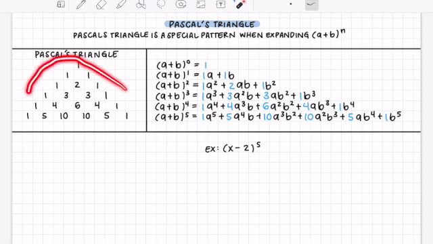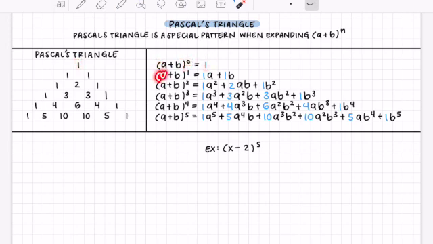Now, the reason why we want to know Pascal's triangle is because when I am multiplying a binomial, you're going to notice that we use this pattern. So, a plus b to the power of 0, that would be our first row right here, where we just get 1 as our answer.